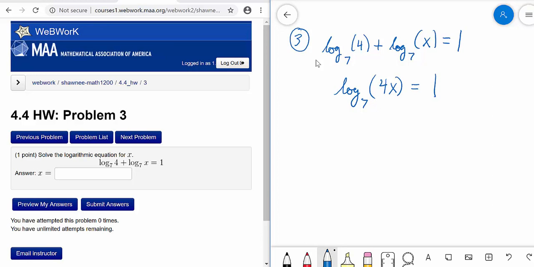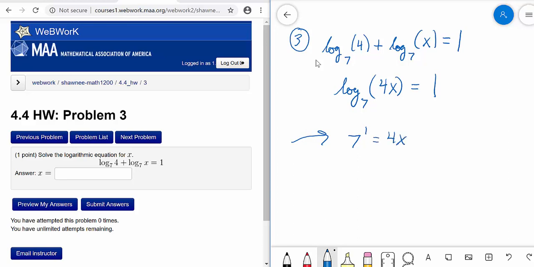Now we're going back to what we did in section 4.3. We can convert this into an exponential equation. So you take the base 7, raise it to the exponent 1, and that will equal 4x.